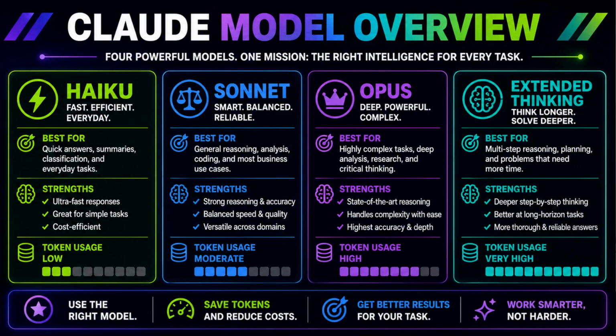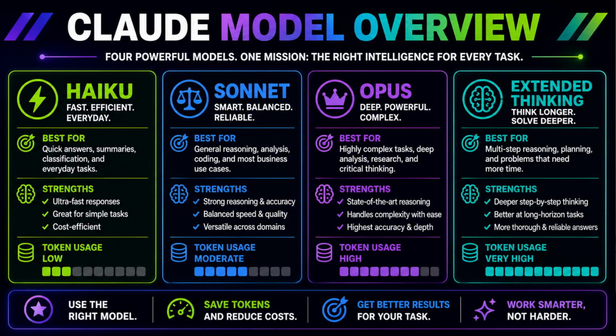Okay, let's do a quick model overview. Haiku is the fastest model, best for lightweight tasks, quick responses, and lower compute usage. Sonnet is the balanced model. It's got strong reasoning, good speed, and probably the best general purpose option for most users.